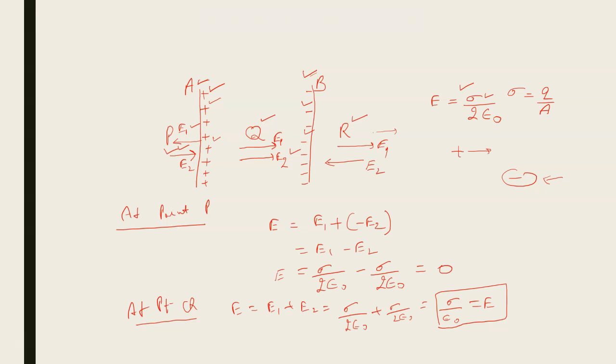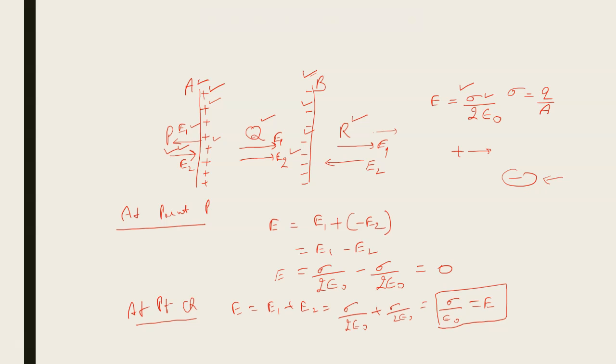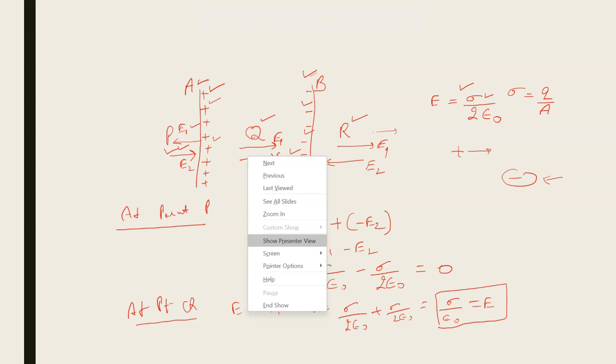Again E1 and E2 are both in opposite directions. So the resultant is E equals E1 minus E2, equals sigma by 2 epsilon naught minus sigma by 2 epsilon naught. So the result is 0.